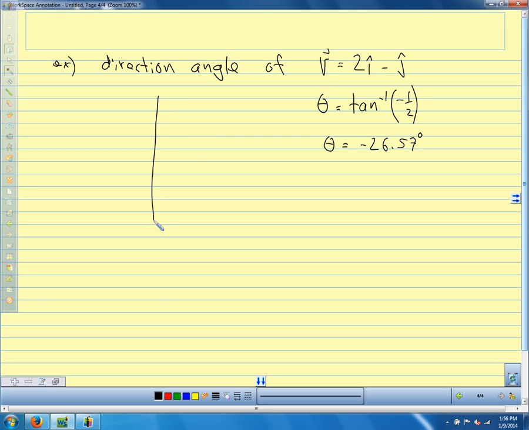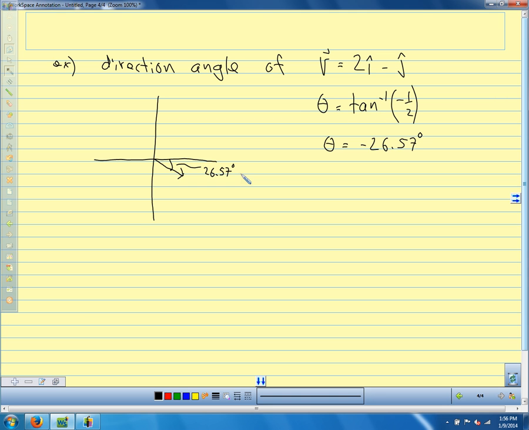So let's draw a quick picture here. Here's 2i minus j, over 2 and down 1. So here's my vector. What we found was this angle, 26.57 degrees. In standard position, how do we normally measure our angle?